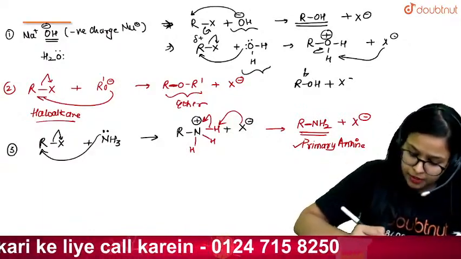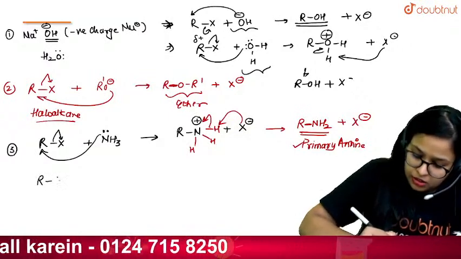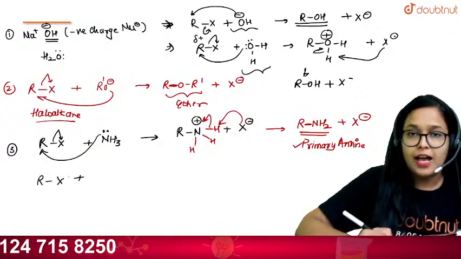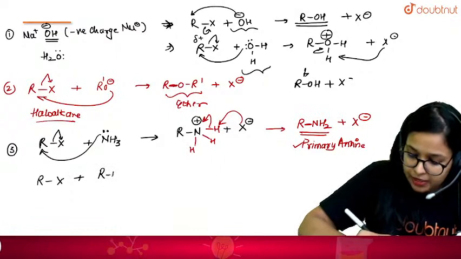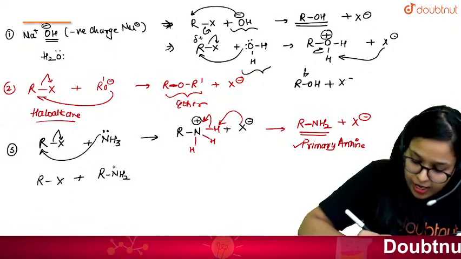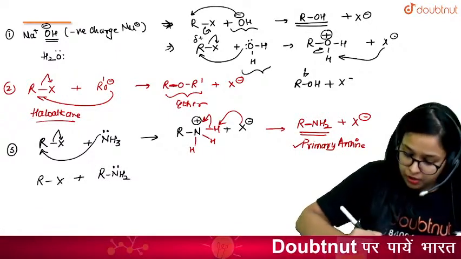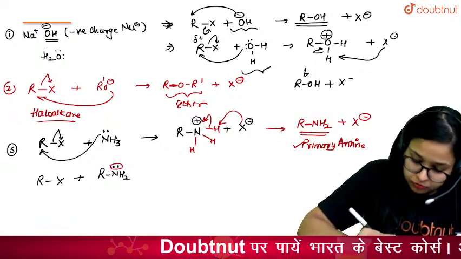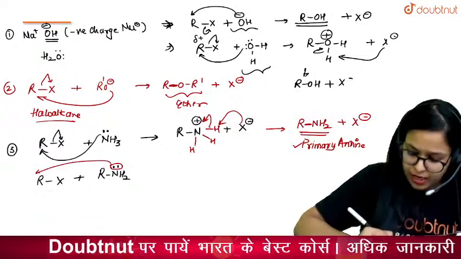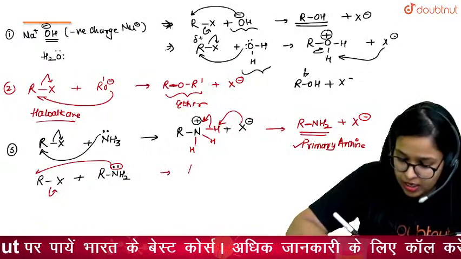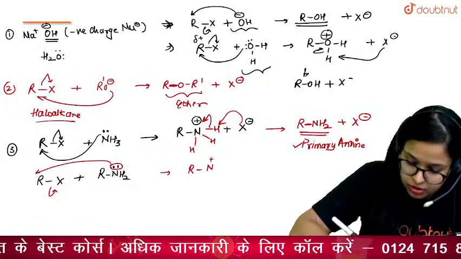Now you prepare secondary amine by using haloalkane R dash X, attacking it with RNH2. Again nitrogen has a lone pair, it bonds with R dash and removes X minus, and a new bond between nitrogen and R dash is formed.